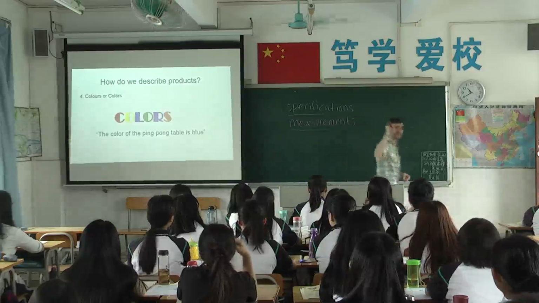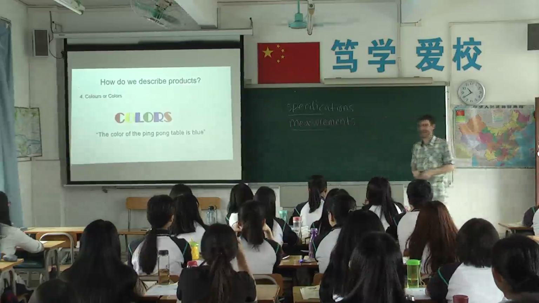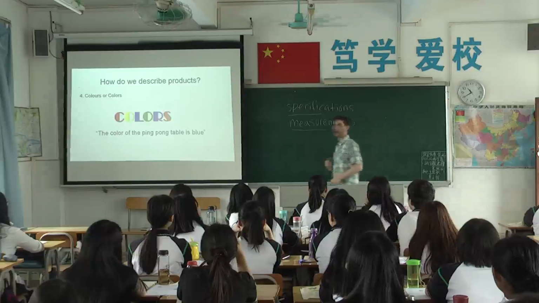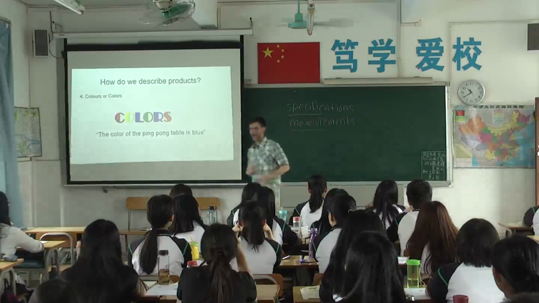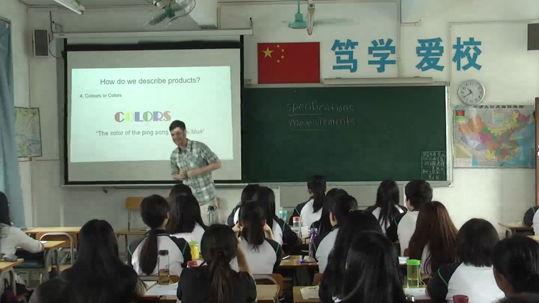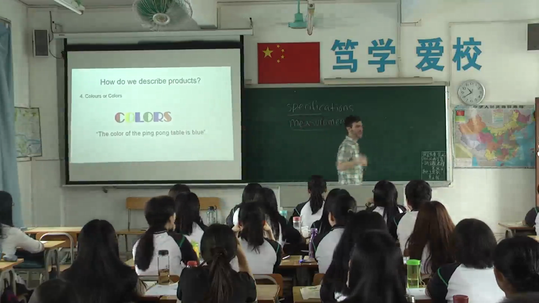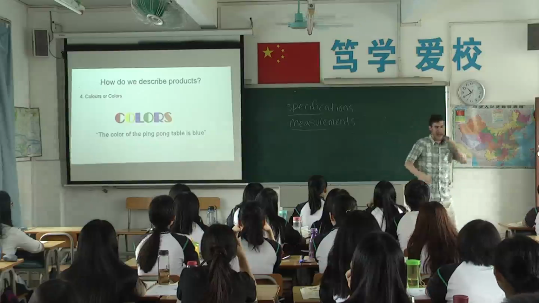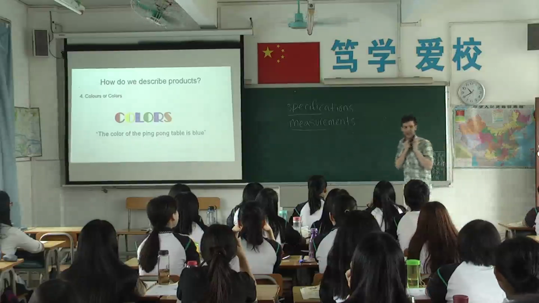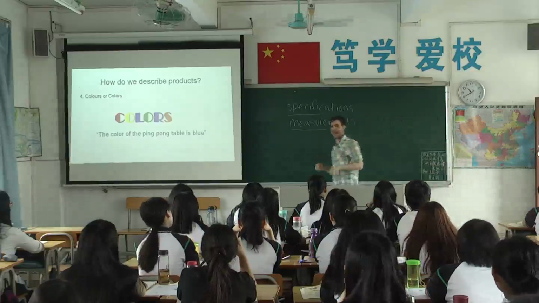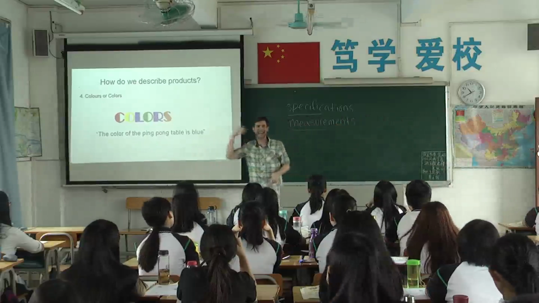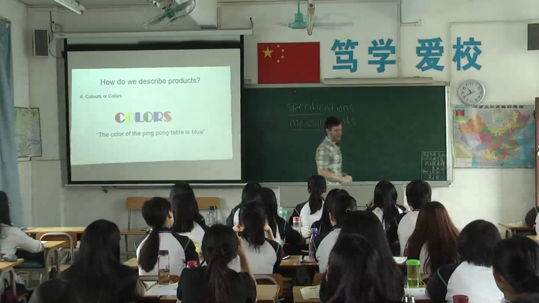You might have to be specific. You might have to say, well, the buttons are white. The shirt is green and gray, and the collar is black, right? So it's not always as easy as saying one color.